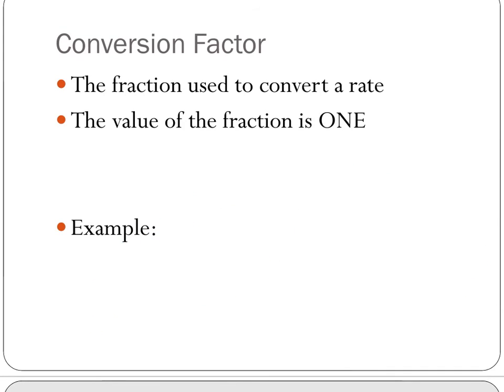Okay, so a conversion factor is the fraction we use to convert a rate. The value of the fraction is 1. Now, there are 2 pages that you're going to want to look at in your book: 288, and I think the other one is 699. These two pages are going to become your best friends. I have these pages linked in Schoology, and I'm going to have them in pretty much every class for you.